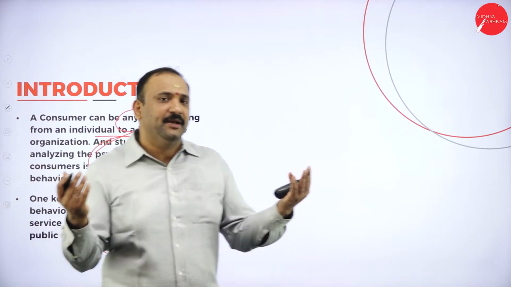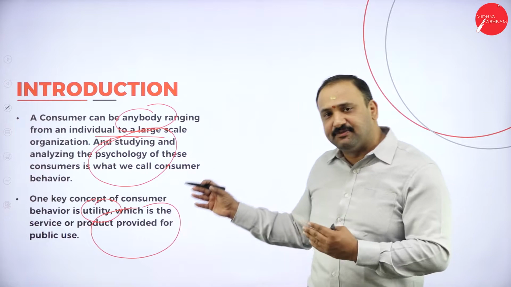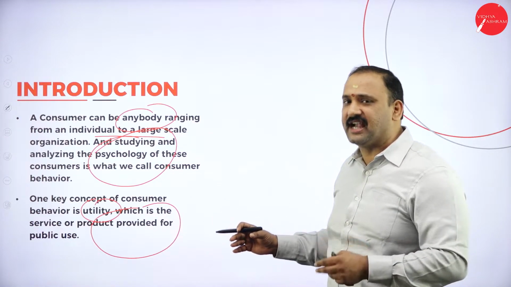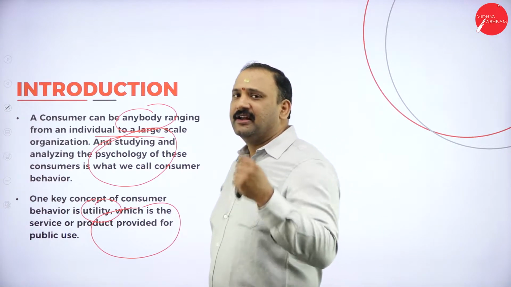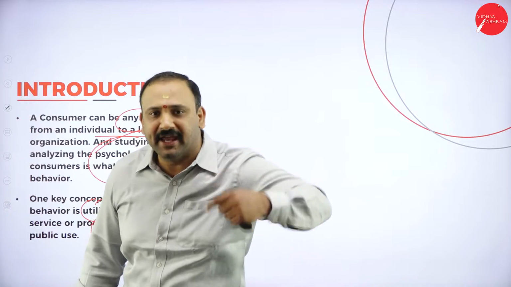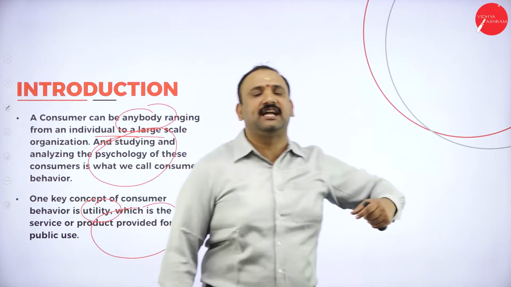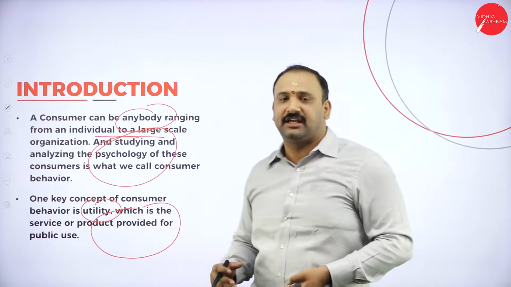So utility becomes a very important concept because this is where we are going to understand the want satisfying capacity. Overall, consumer behavior is going to govern certain major issues like the want satisfying capacity, how it can be done and how it can be taken forward.